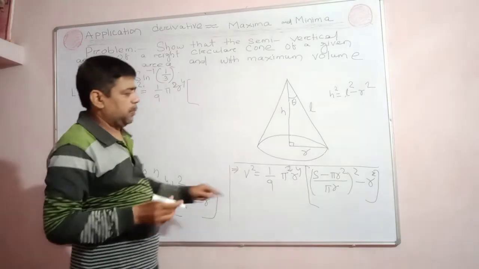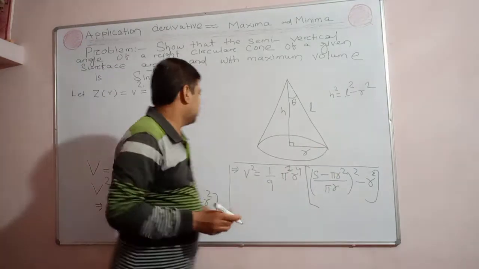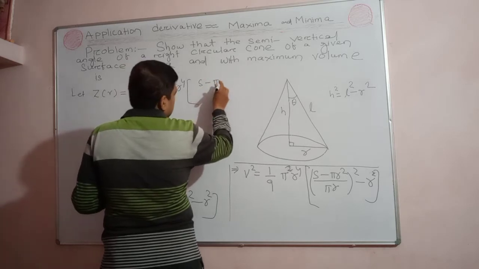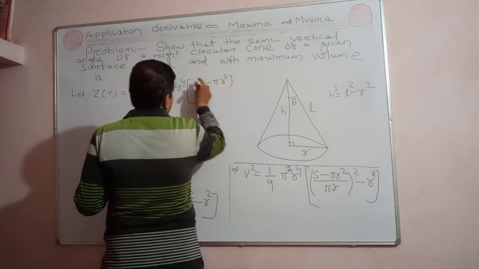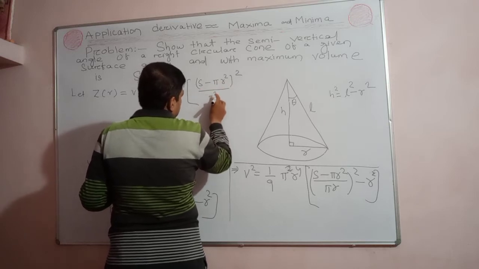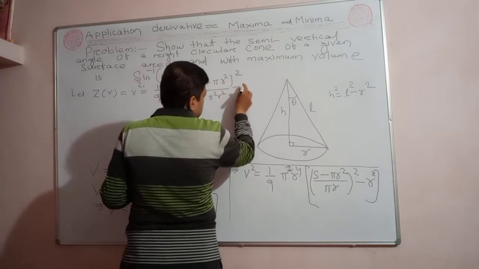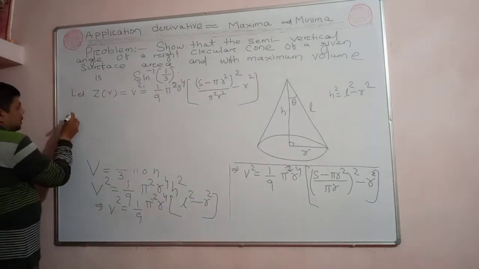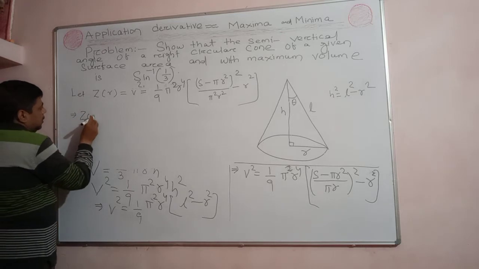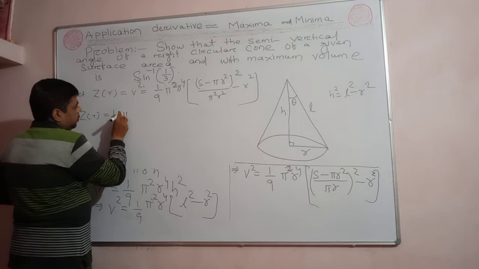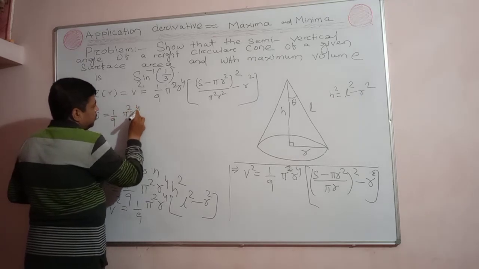Okay, now you apply (s minus pi r square) whole square, divided by pi square r square minus r square. So that implies Z(r) is equal to 1 upon 9 pi square r to the power 4.